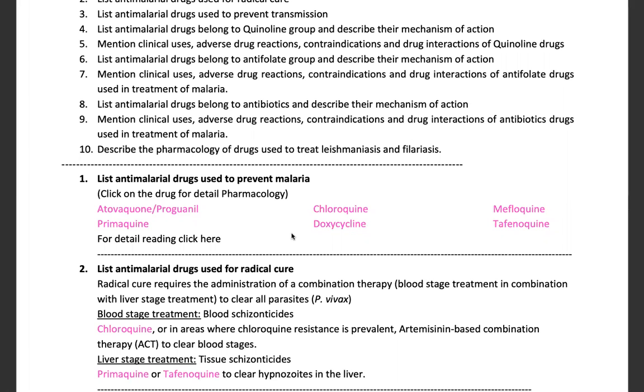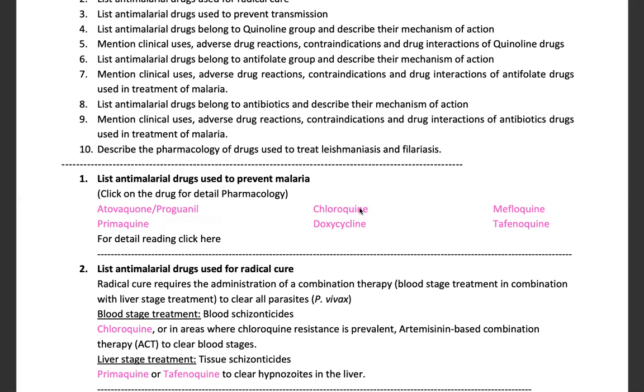These are atovaquone-proguanil, which is a combination. Atovaquone plus proguanil is widely used for treatment and prevention also.